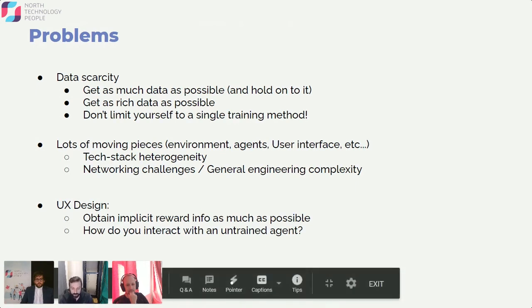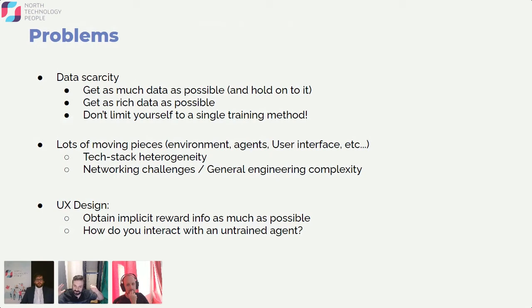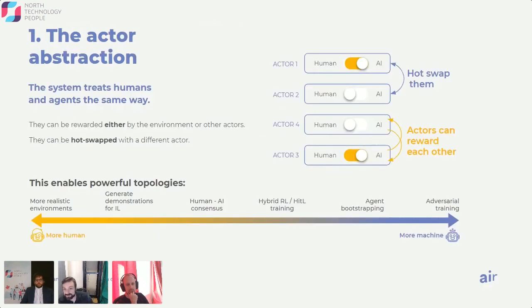So the way we're tackling all of these things and trying to get a human-in-the-loop, multi-agent reinforcement training environment in place for our experiments is coming from two separate techniques we're applying. The first one is what we call the actor abstraction. And I hinted at that earlier. The idea is that your environment is going to be populated with a population of actors.